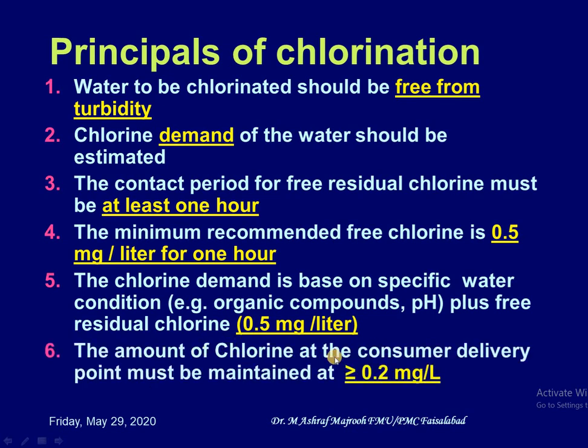The amount of chlorine at the consumer delivery points at domestic level must be maintained at a level equal to 0.2 milligram per liter. An amount more than this will not be acceptable to the consumer, and this is the optimum quantity that can be tolerated at domestic level.